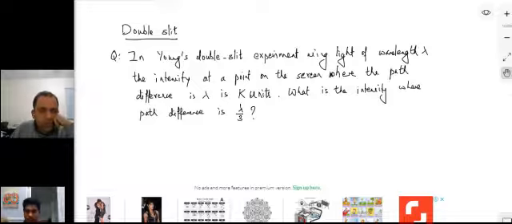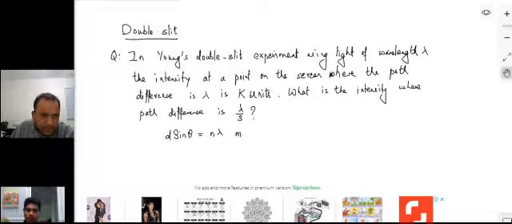Okay. So we had said yesterday that in double slit, the condition for interference is given by d sine theta equal to, what was it, n lambda, correct? Yes.